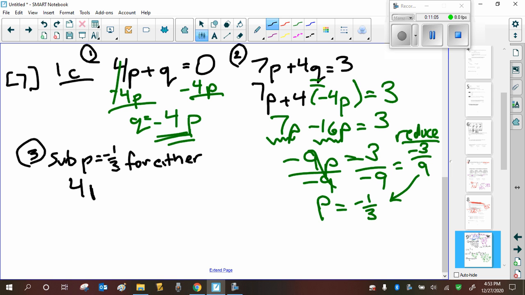So 4p plus q equals 0. Wherever I see a p, I'm going to put negative 1/3. And hopefully you know that 4 times negative 1/3 is negative 4/3, if you multiply the top times top and bottom times bottom.